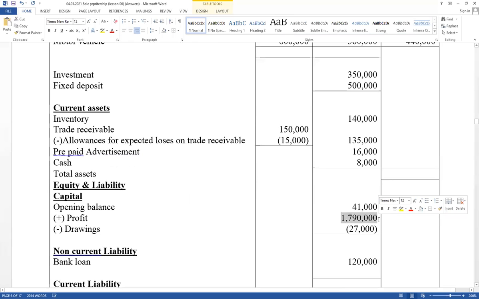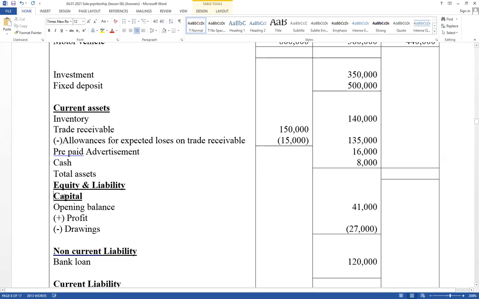And think about capital, opening balance it has given. Then profit and loss should be calculated in the income statement. That value should be included here. And drawing should be deducted. Therefore, total equity should be included here. Profit is available in the income statement. Therefore, first you have to calculate profit and loss. That value should be included under equity.